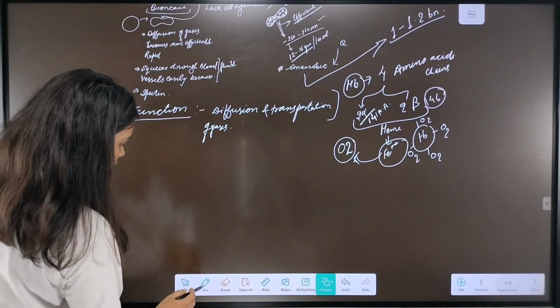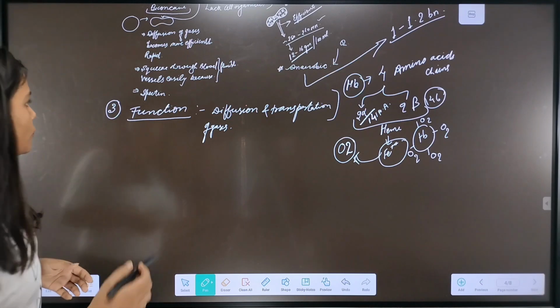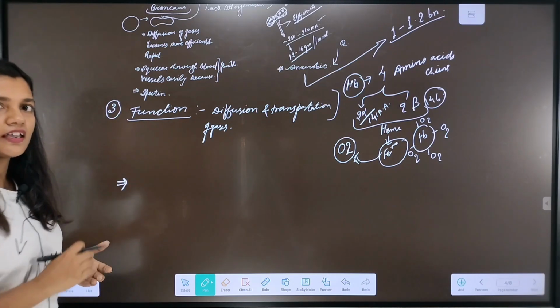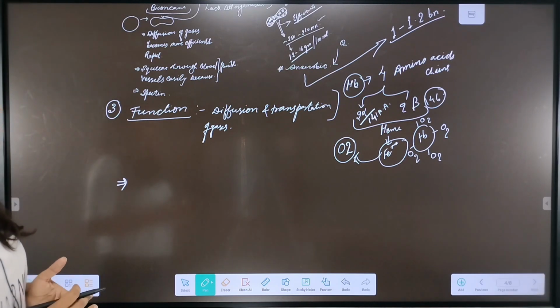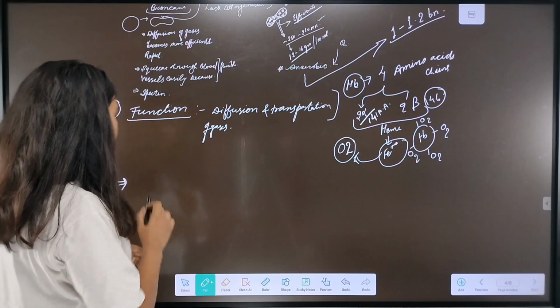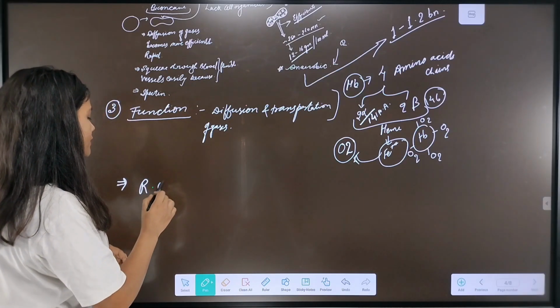Next, in function, I would like to add one more thing. We all know about blood grouping: there are A, B, AB and O blood groups. This is actually defined by the RBCs.